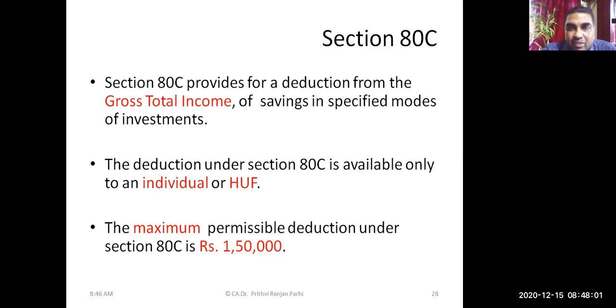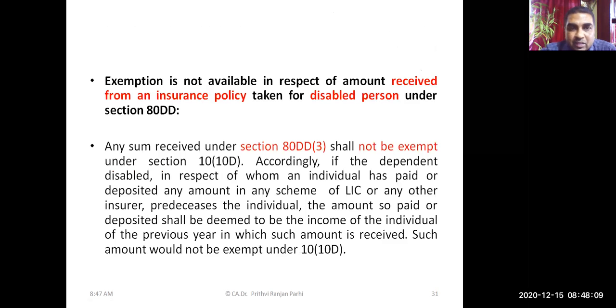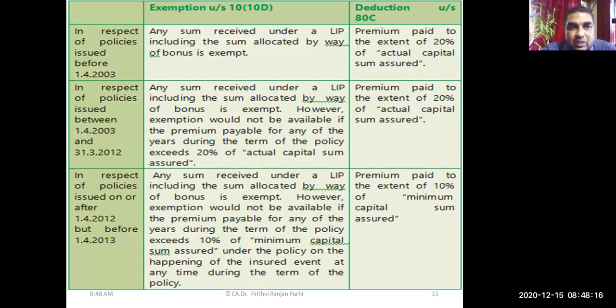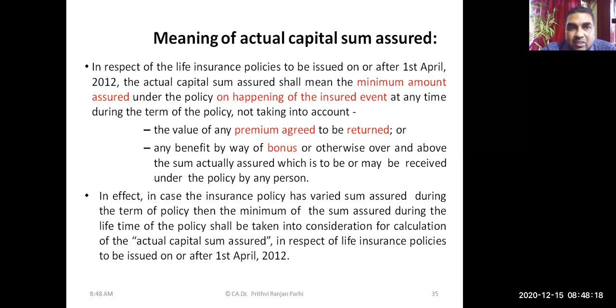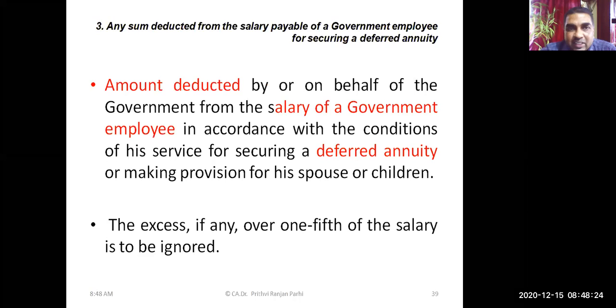Then we have under 80C the various amounts invested. We discussed one by one, like life insurance premium paid. Okay. Then premium paid for insurance policy, etc. Okay. Then premium paid for deferred annuity schemes.